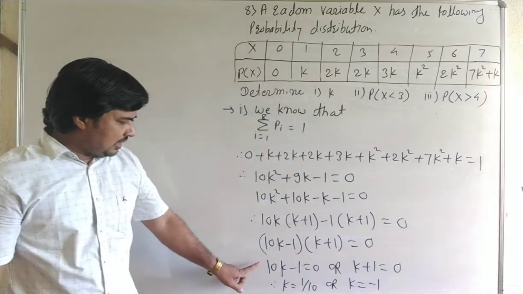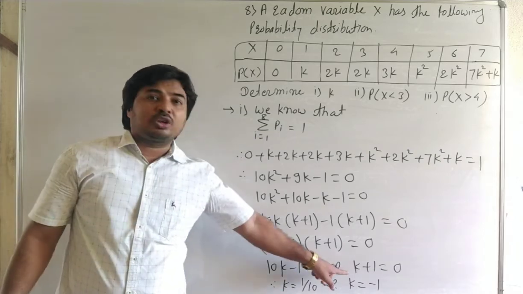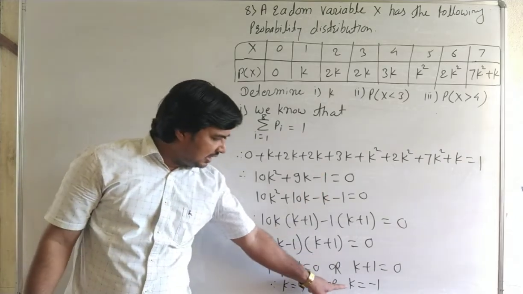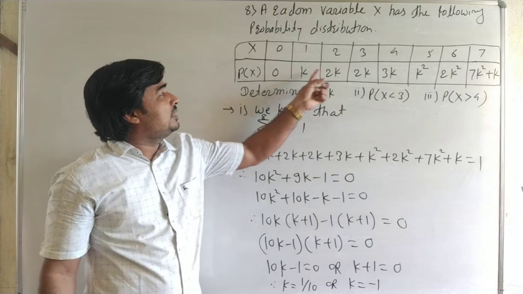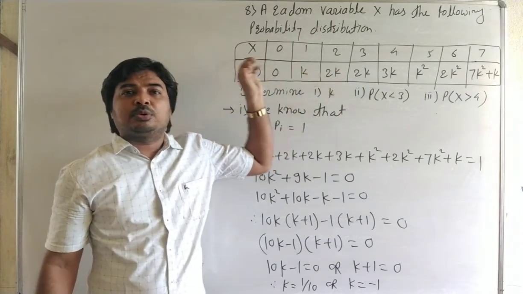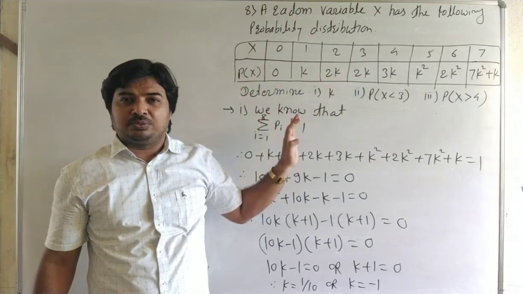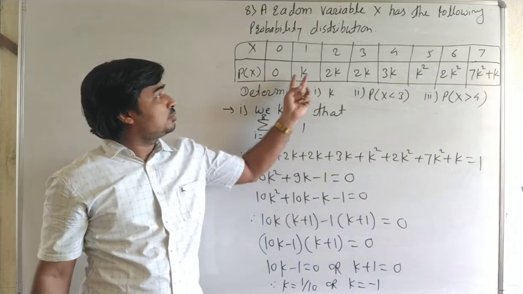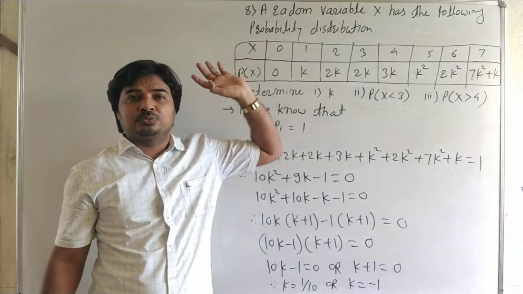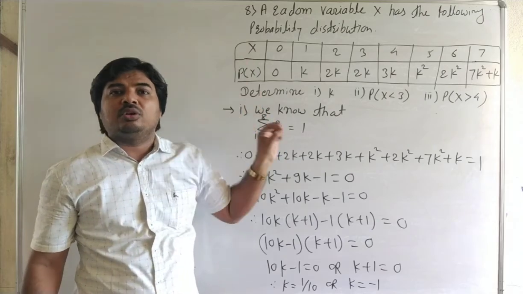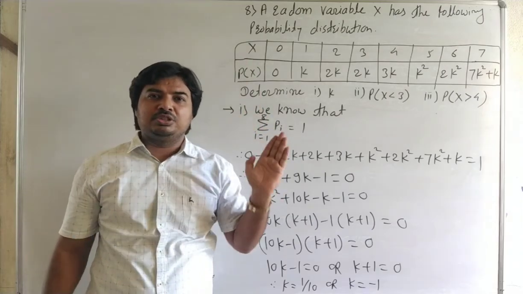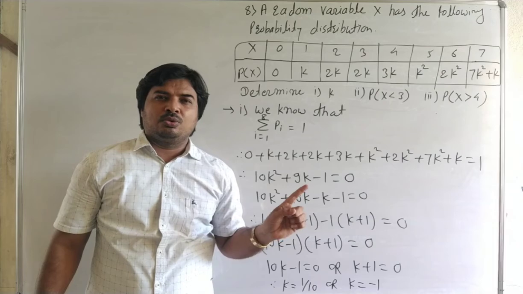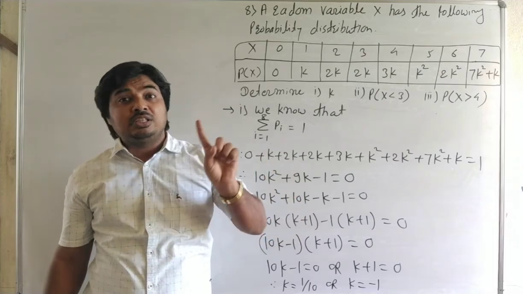See carefully. Here k is equal to 1 by 10 or k is equal to minus 1, but k is a probability, and probability is non-negative. When we take k is equal to minus 1, the probabilities become minus 1, minus 2, which is negative, and probability is between 0 and 1: 0 is less than or equal to probability less than or equal to 1.